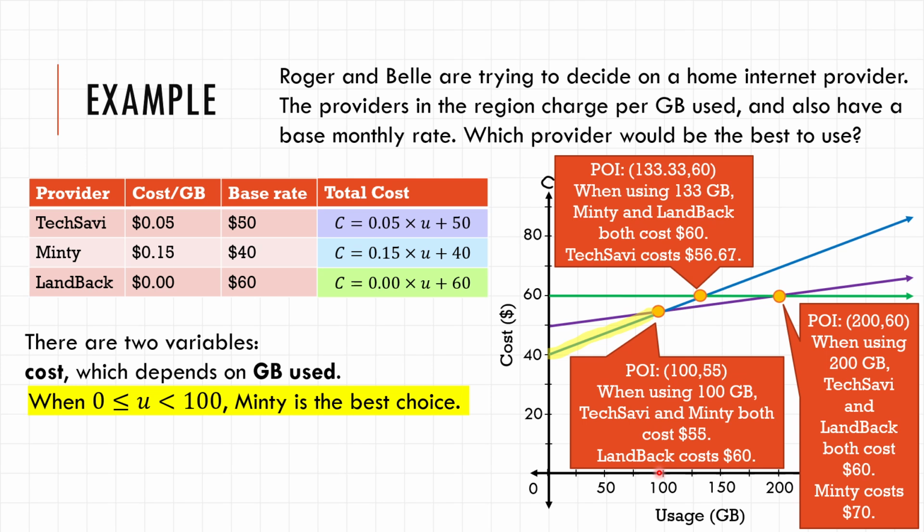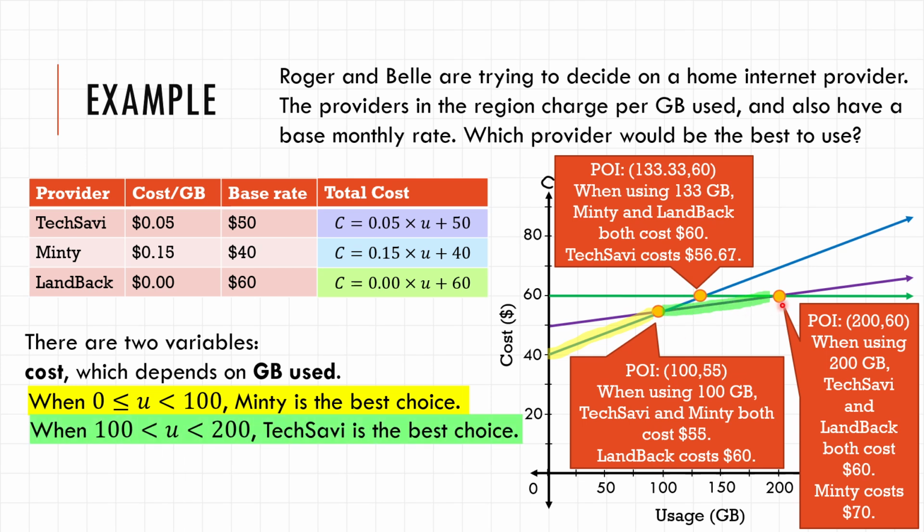Well, what if you use more than 100? Well, we can see here that between 100 and 200, Tech Savvy is the linear relationship that gives you the lowest C values. So between 100 and 200, Tech Savvy is the best choice.